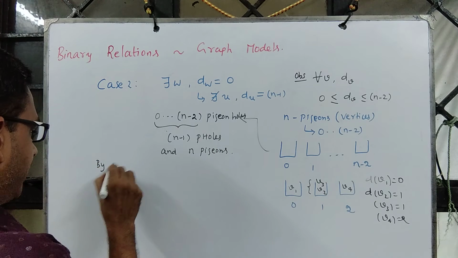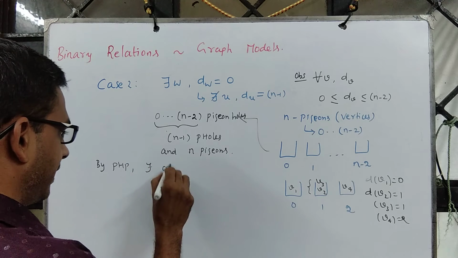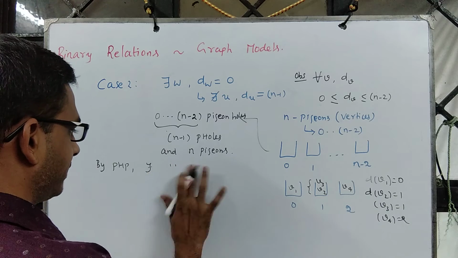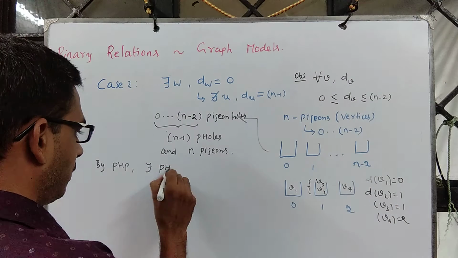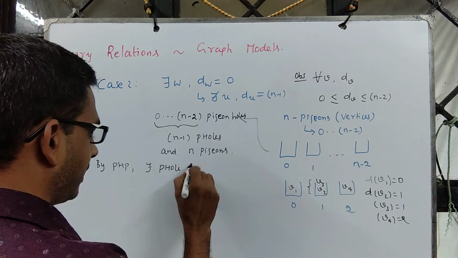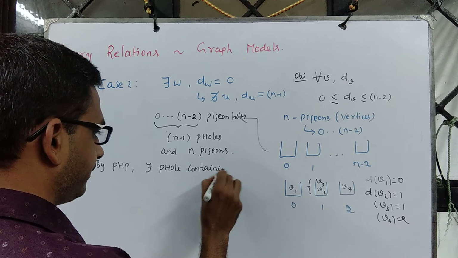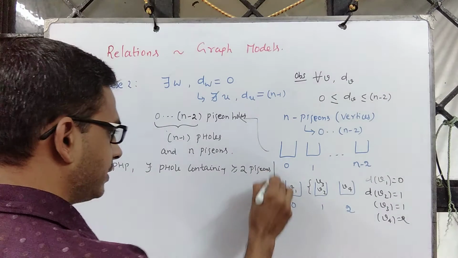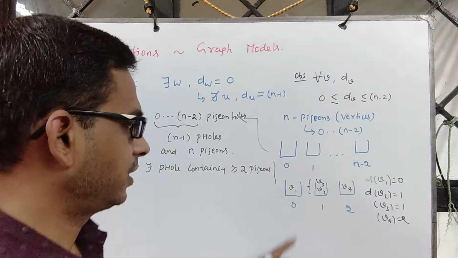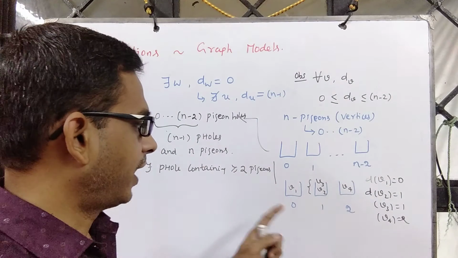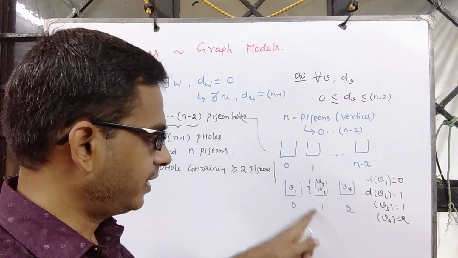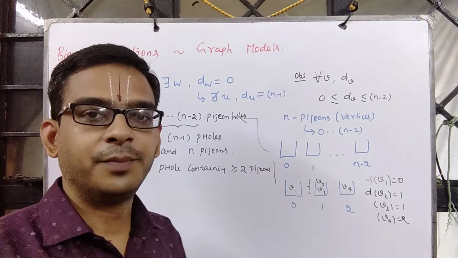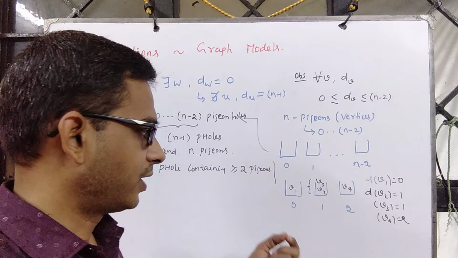So by PHP, there exists a PGN hole containing at least 2 PGNs, which means there exists a PGN hole containing at least 2 vertices or at least 2 persons, and that PGN hole in particular, the label of that PGN hole will tell you the value of the number of friends.